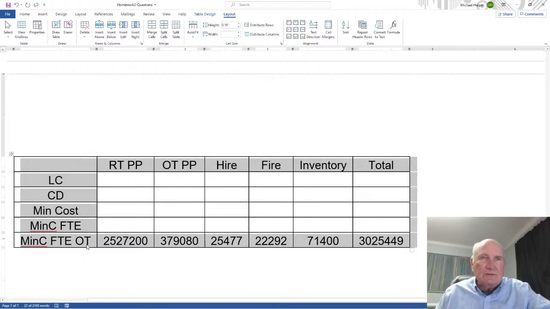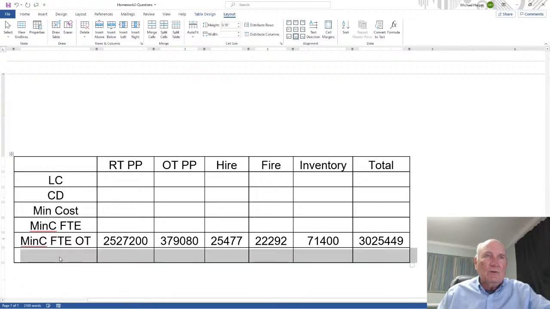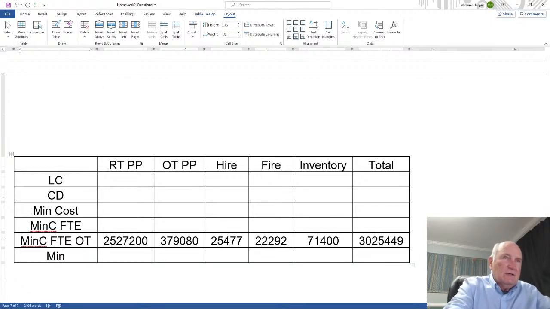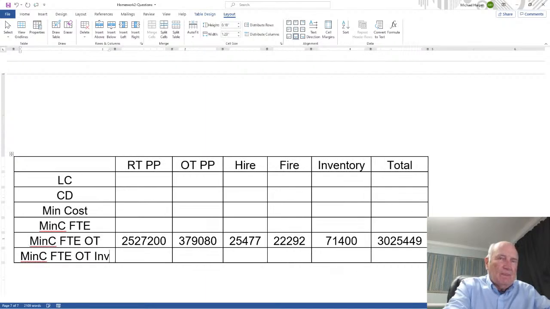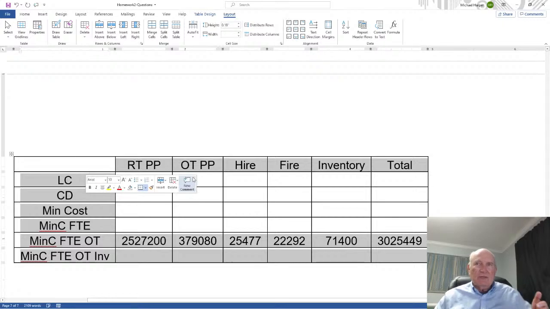Let's format these. There's a 6th one though, where you have min cost, FTE, overtime, and inventory. Okay, and then there's another one down here. My point is, you could just do this, and I'm fine with this. This is fine just for your table. That's okay.